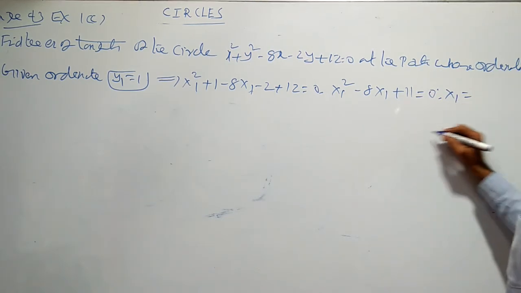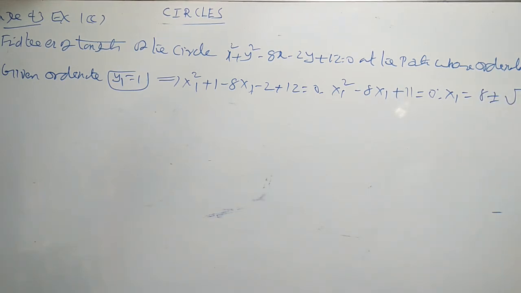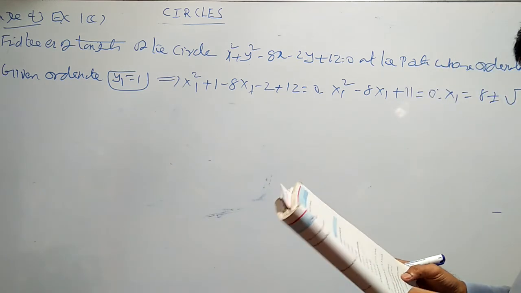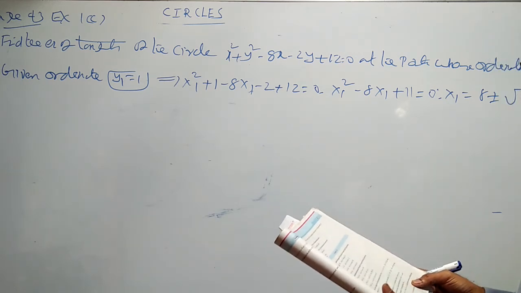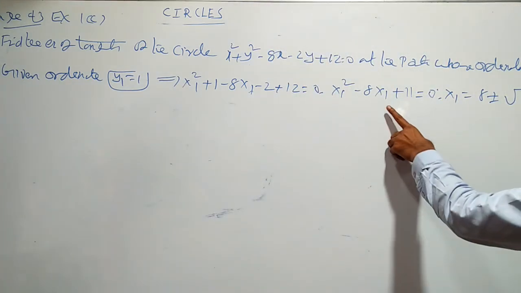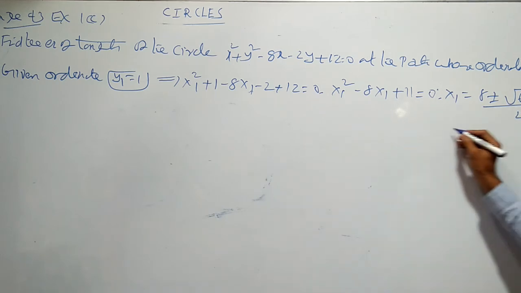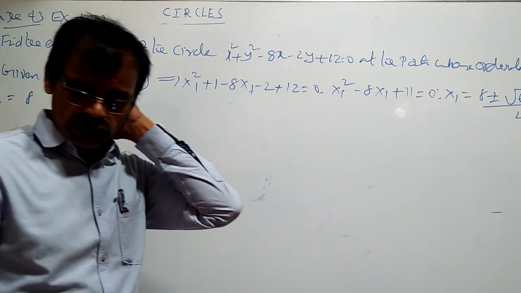So x1 is equal to, using the formula, minus b plus or minus root b square minus 4ac by 2a. For x square plus y square minus 8x, the point with ordinate 1: x1 square plus 1 minus 8x1 minus 2 plus 12, that's all. Minus b plus or minus root b square, so 64 minus 44 by 2. So x1 is equal to 8 plus or minus root of 64 minus 44, which is 20.